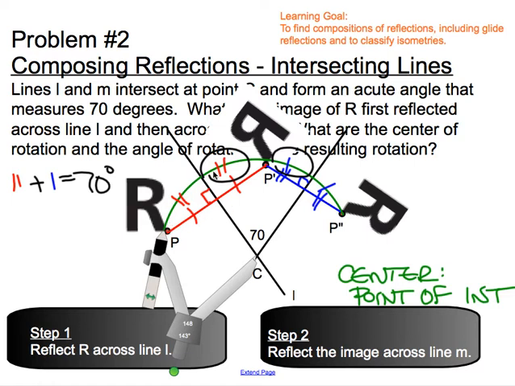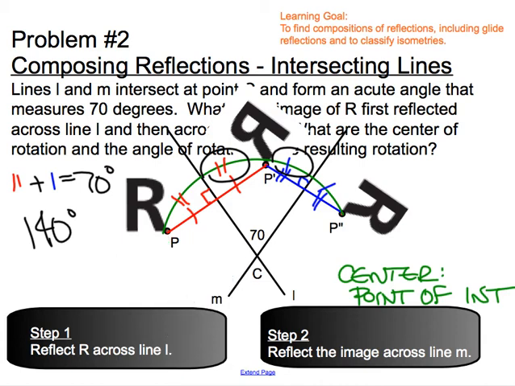Well, the total angle that this has been rotated is two parts of red and two parts of blue. So we have two of these, so the angle of rotation is 140 degrees in this case. Let's go ahead and get rid of our compass here. We have 140, and we can see that the 140 and 70 are definitely related.